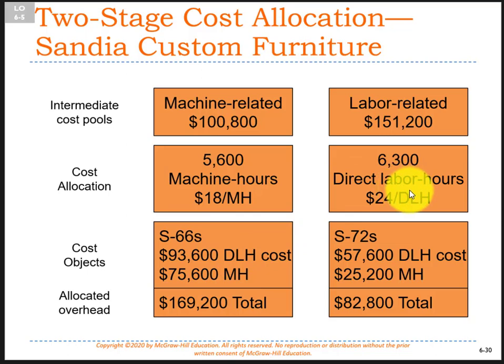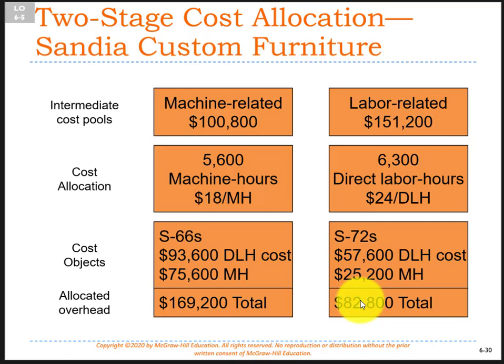And then we take the direct labor hour rate times the number of direct labor hours that the S66s use. So in this case, these two numbers were developed by doing that. Total allocated overhead: 169.2 for the S66 and 82.8 for the S72. Those still add to that 252, right?